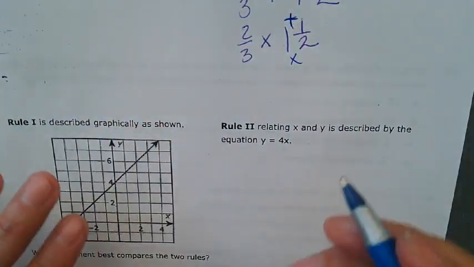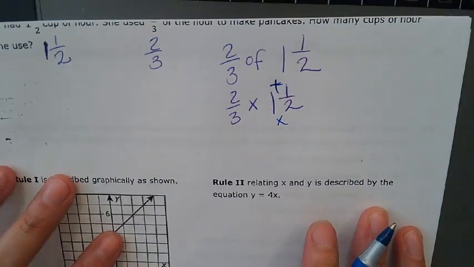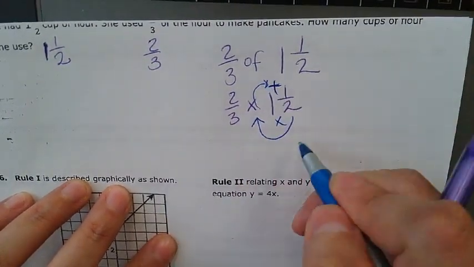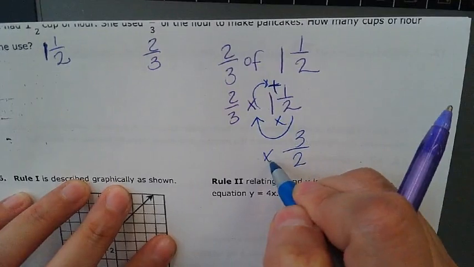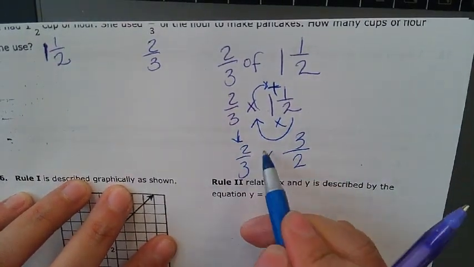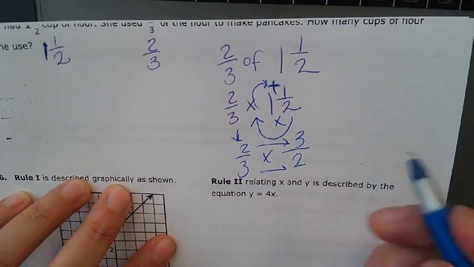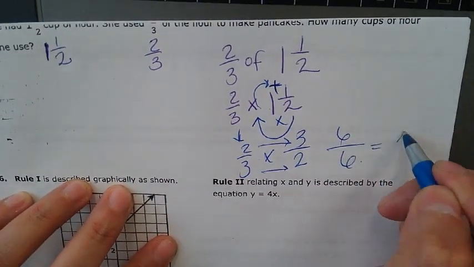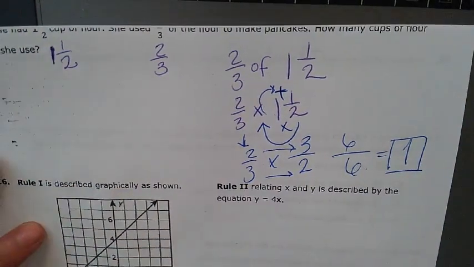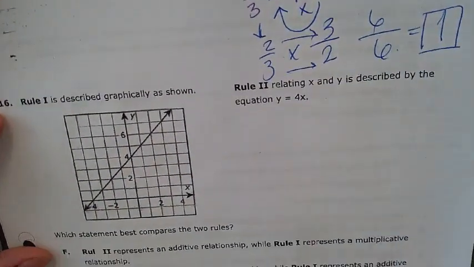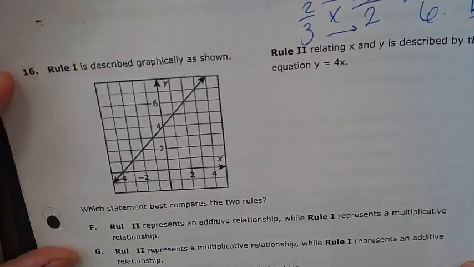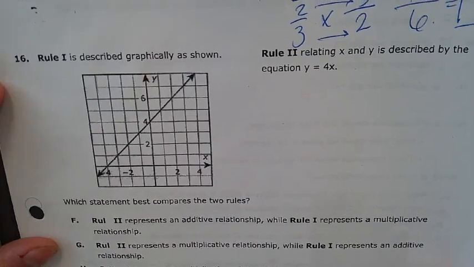Good job. 1 times 2 is 2, plus 1, 3, 3 over 2, times, bring this down, 2/3. 2 times 3, good job. 6 over 6, which is 1 whole. Good job. So good so far? Okay.